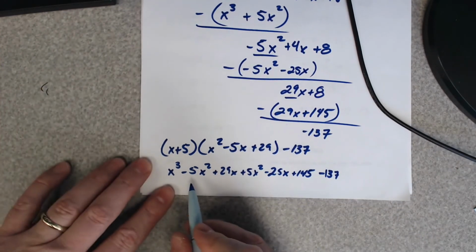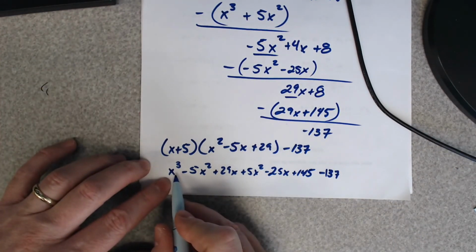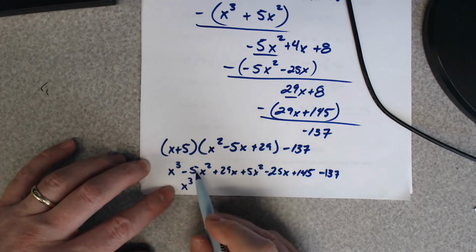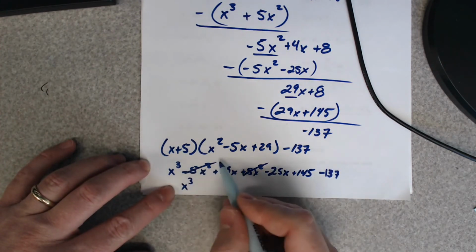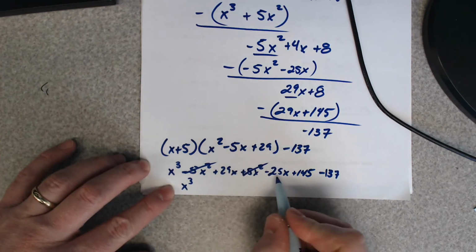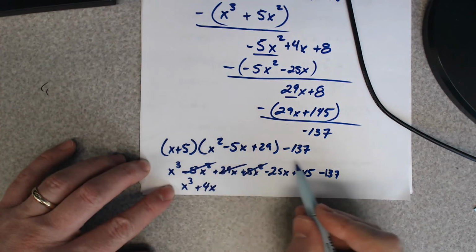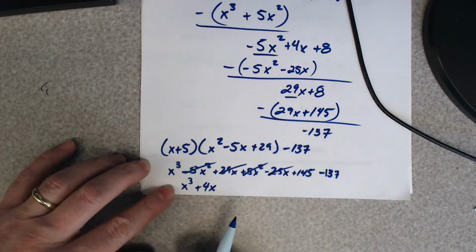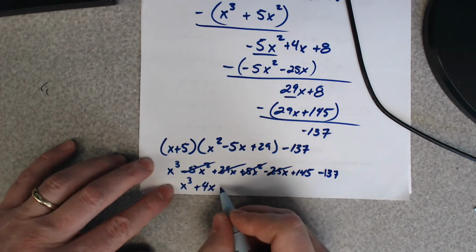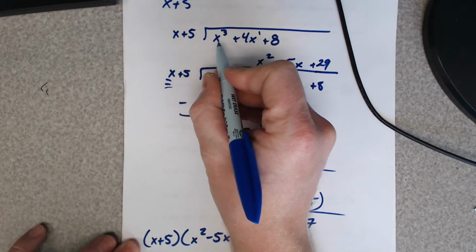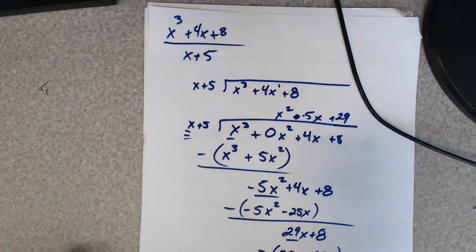So if I put everything together, you got x cubed, and the negative 5x squared, positive 5x squared cancel. 29 minus 25 is a positive 4x, and 145 minus 137 should be 8. And looky there, that's exactly what we started with. x cubed plus 4x plus 8.